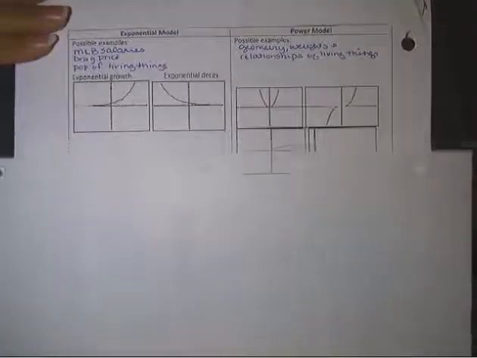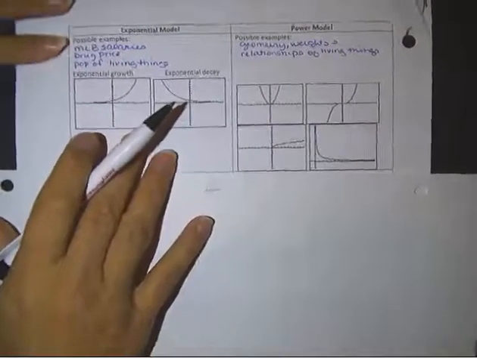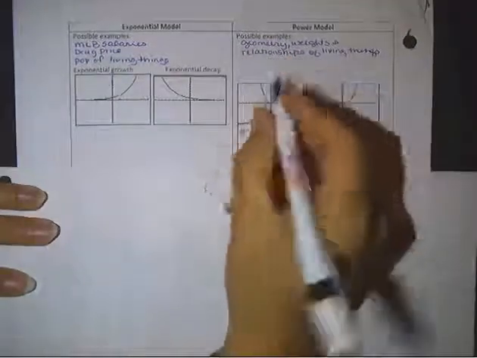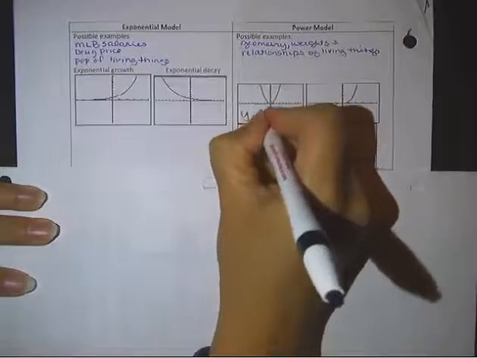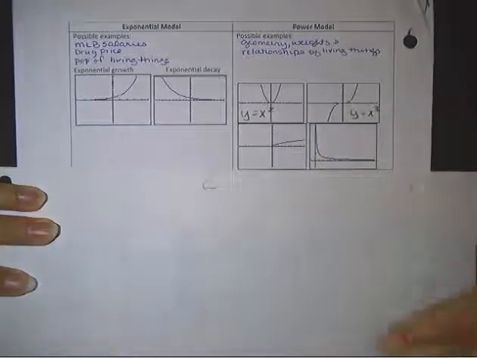Here are some pictures that we should know: exponential growth and exponential decay, which we studied in pre-cal. We should recognize this. This is, of course, x squared, and x cubed. So these are power models.